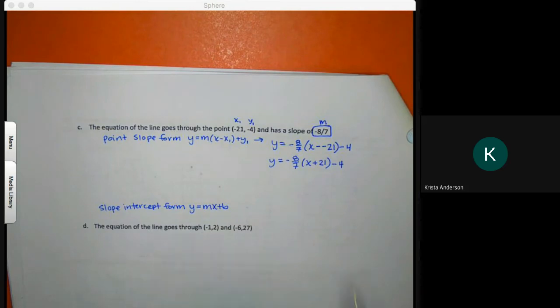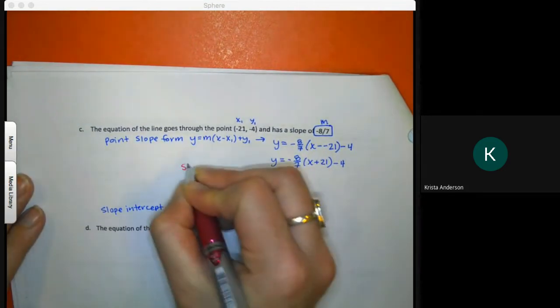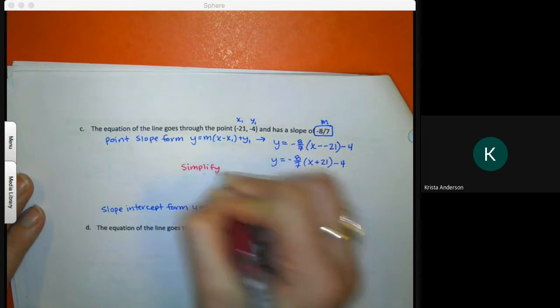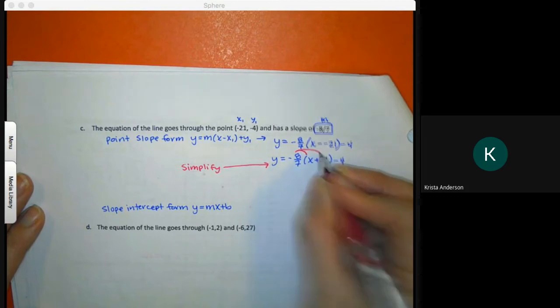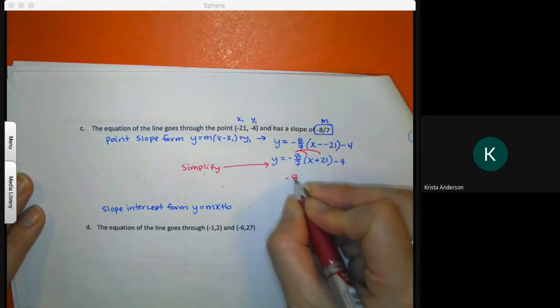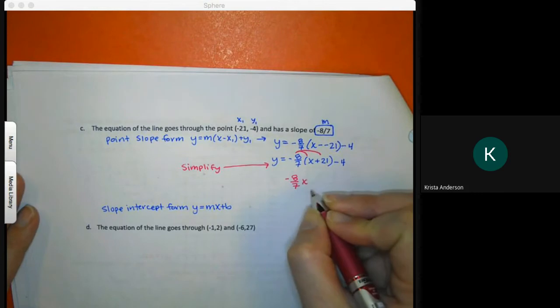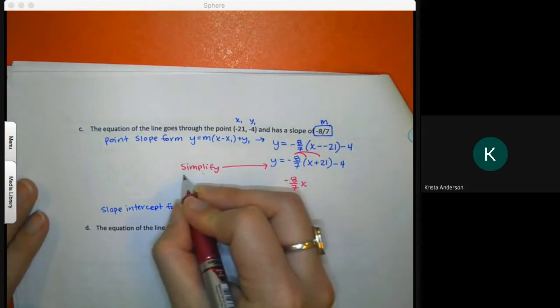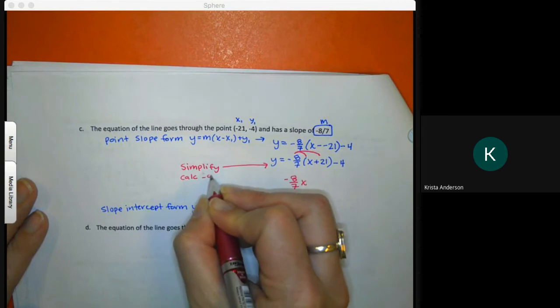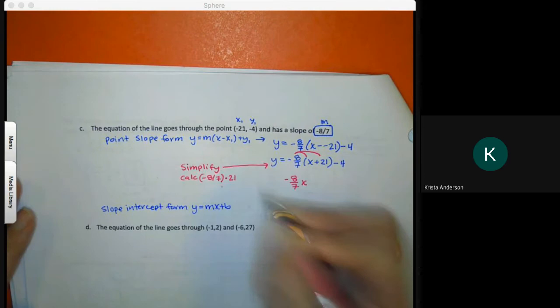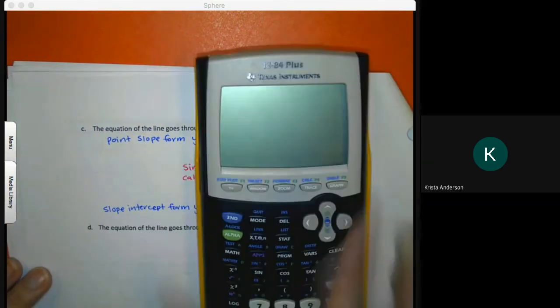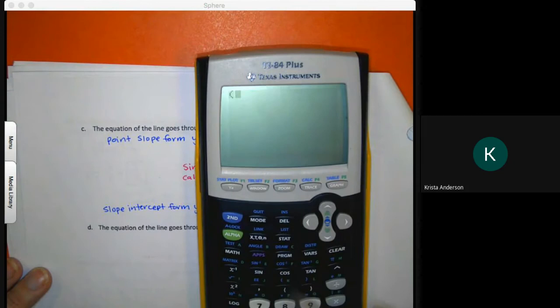Now this does not look like slope-intercept form. I have to simplify it. So I would multiply this in. Negative 8 over 7x. Then on my calculator, I would do negative 8 over 7 times 21.